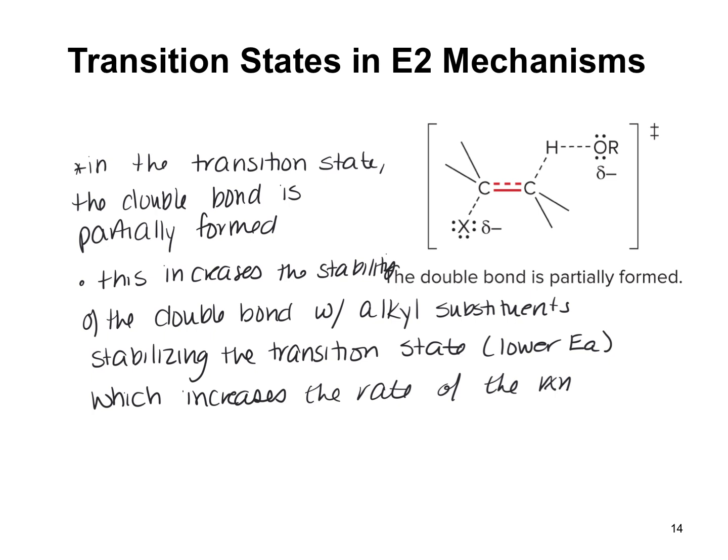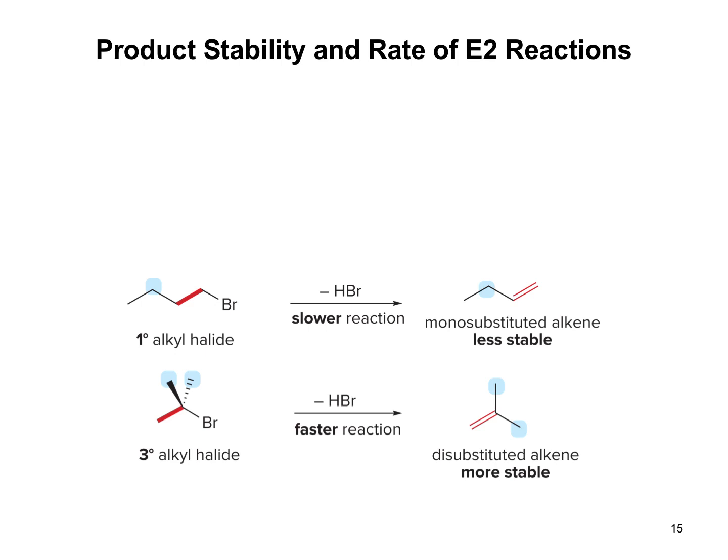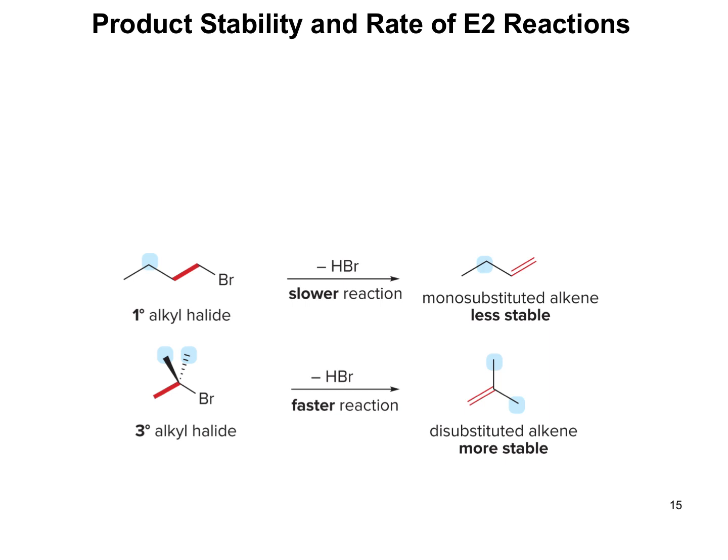Now, increasing the number of R groups, right, on the carbon with the leaving group forms more highly substituted, more stable alkenes in an E2 reaction. Okay, so look, if you have a primary alkyl halide here, you are going to get a mono-substituted product, and that's less stable than if you have a tertiary alkyl halide and you get a di-substituted product.